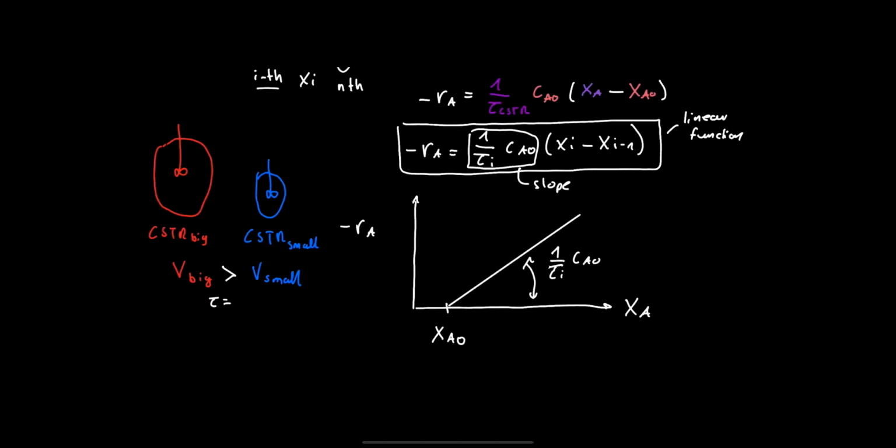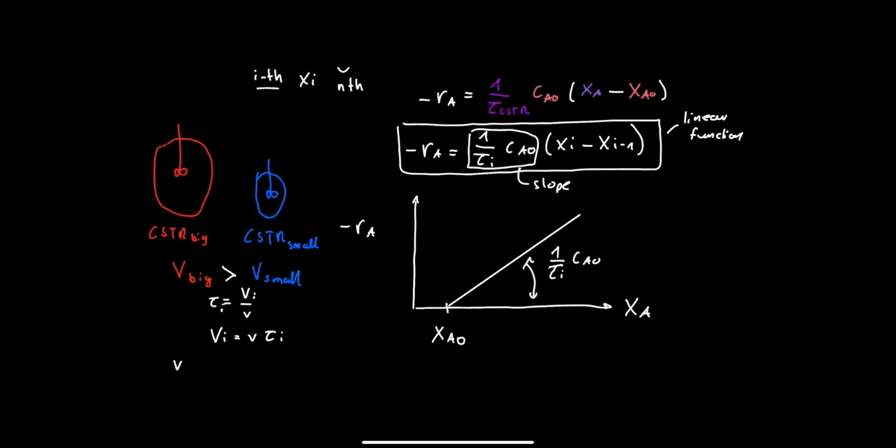With the mean residence time being equal to the volume divided by the volumetric flow rate, and let's assume we have the same volumetric flow rate for both reactors, so the volume is going to be equal to the volumetric flow rate times tau of reactor i.